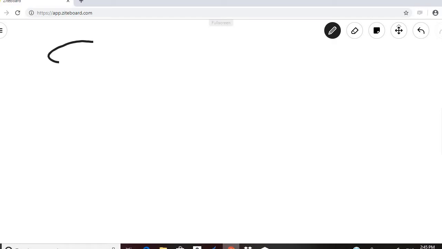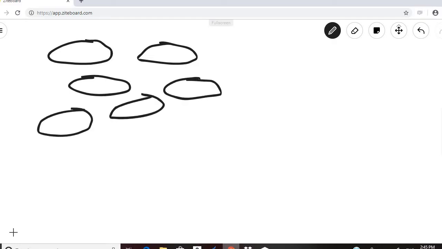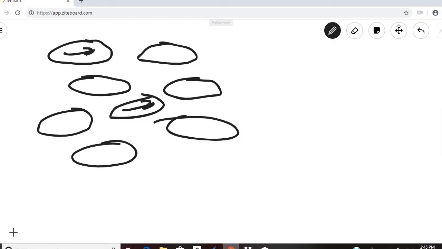So we call them domains, but if the domains are arranged like this, and we have one going this way, okay, so these domains will cancel each other out and there will be no net magnetic field.